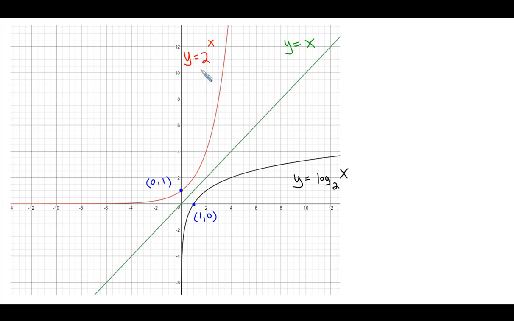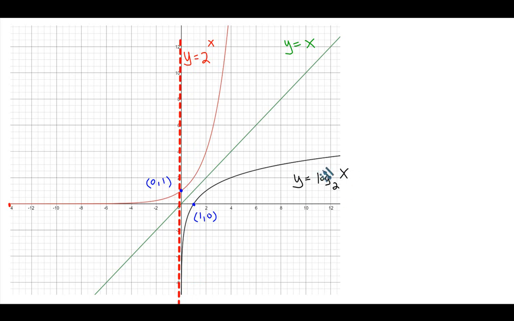The next thing: exponential functions have a horizontal asymptote. But log functions do not have horizontal asymptotes. They have vertical asymptotes. So if you take a look at this log function, it has a vertical asymptote at x equals 0.